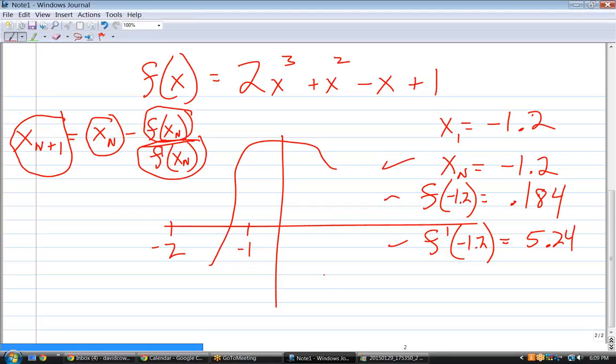So, our second guess, x sub 2, is going to be minus 1.2 minus 0.184 divided by 5.24.